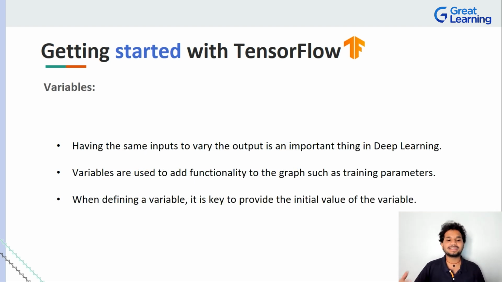Now, variables are a little bit different, right? Whenever you're trying to define any sort of variable, what are you trying to do? You're trying to provide an initial value that it can use, right? Now, x equal to tf.constant is something that we understood as a constant, putting it into a variable for Python. Here we're talking about having a variable tensor as well. Now, what is more important about variables you have to understand is that constants are fantastic. Constants can be used everywhere. They will remain at the same value.